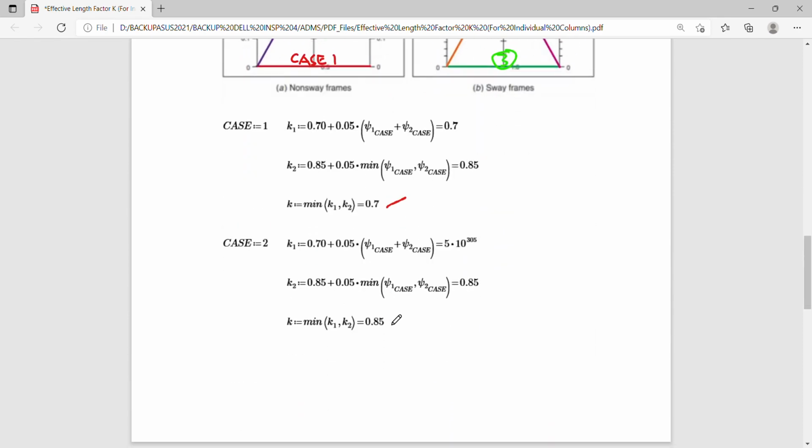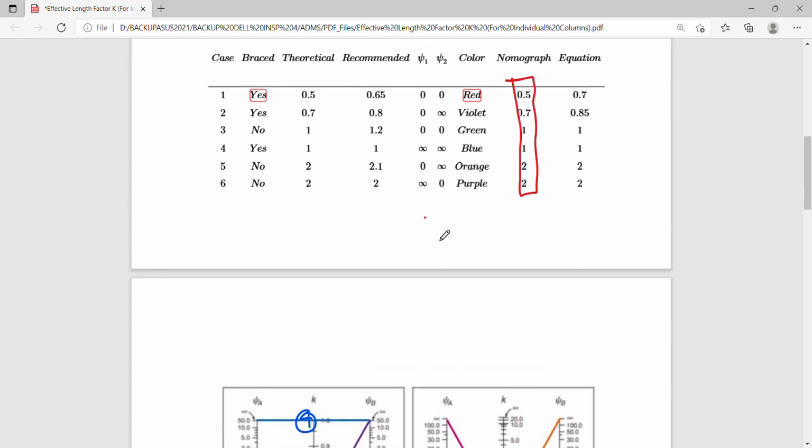For case 2, we have a brace frame again. So this is again the formula to be used. And by this time, we have a very big value for k1 since we only get the sum of the two values in which one of the sides involves a very big number, infinity.